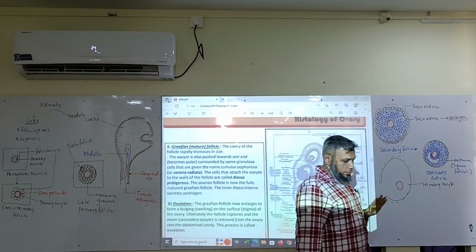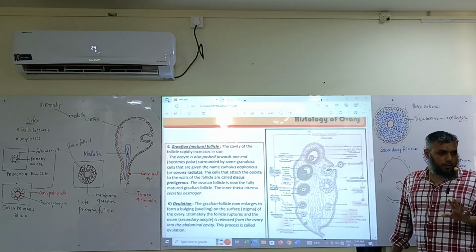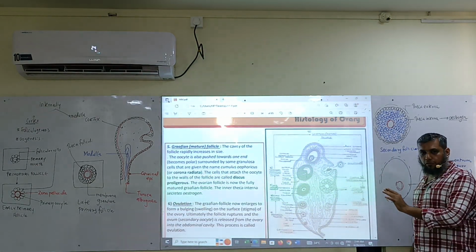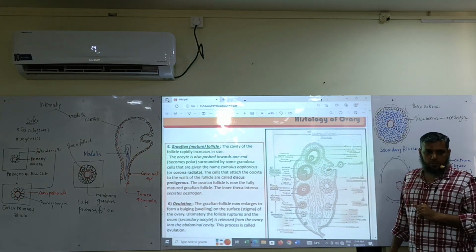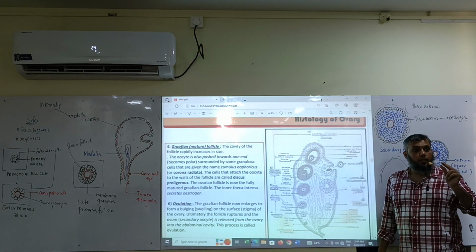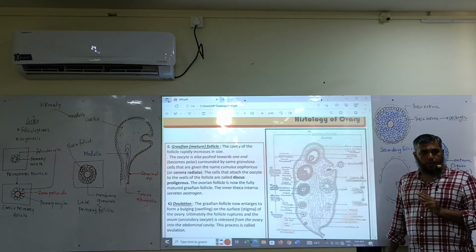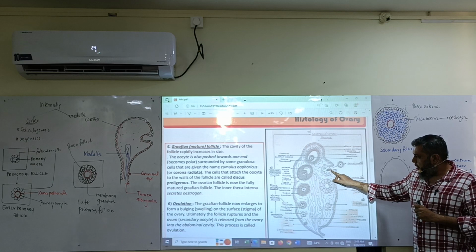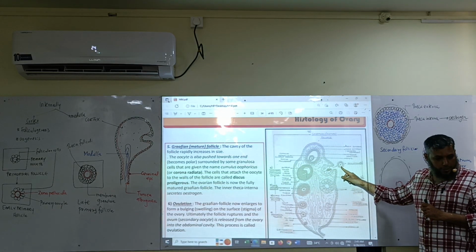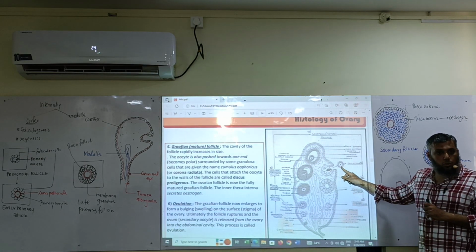Graafian follicle. Now you all remember the Graafian follicle? The Graafian follicle ruptures. Who ruptures? Graafian follicle ruptures. And as the Graafian follicle ruptures, it releases the secondary oocyte. Give me yes or no? Yes.